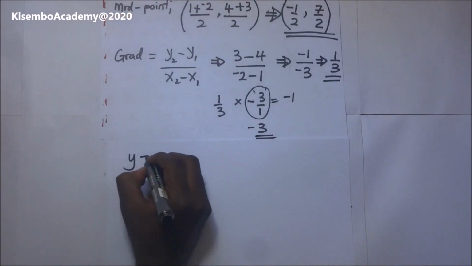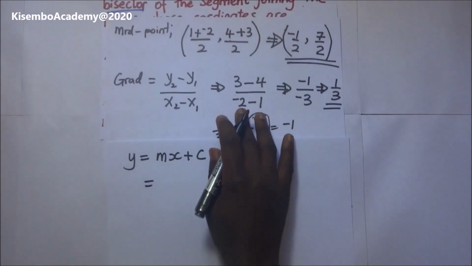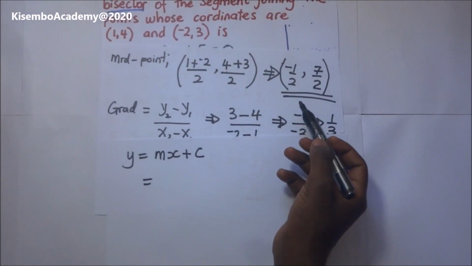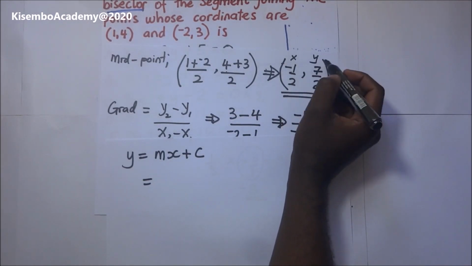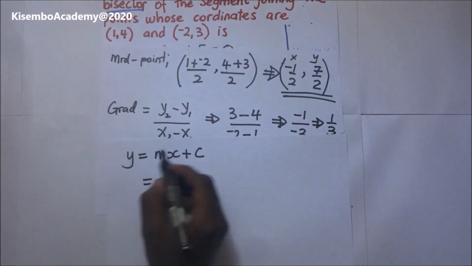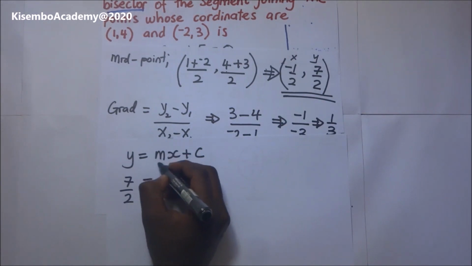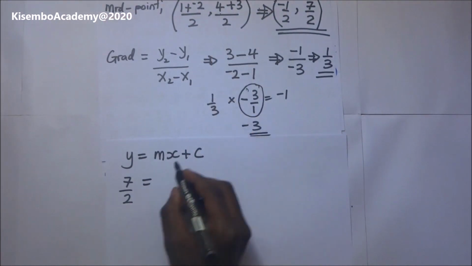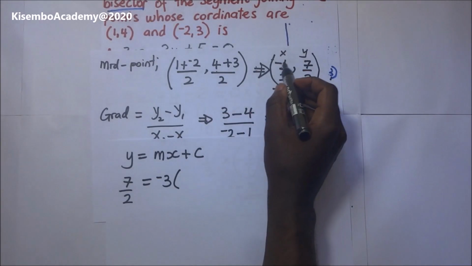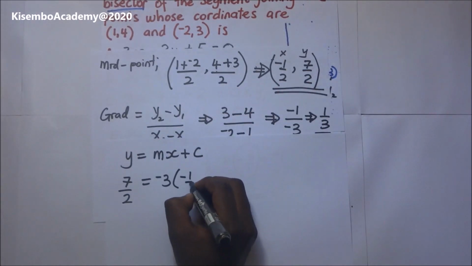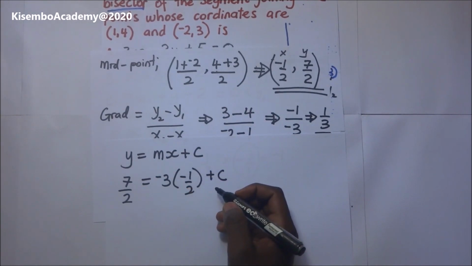From y = mx + c, we know that this perpendicular bisector is passing through this midpoint, point (x, y). So y is 7/2, so we shall say 7/2 is going to be equal to our gradient m, which we got as -3, times our value of x, which is -1/2, plus c. So we're trying to find the value of c.